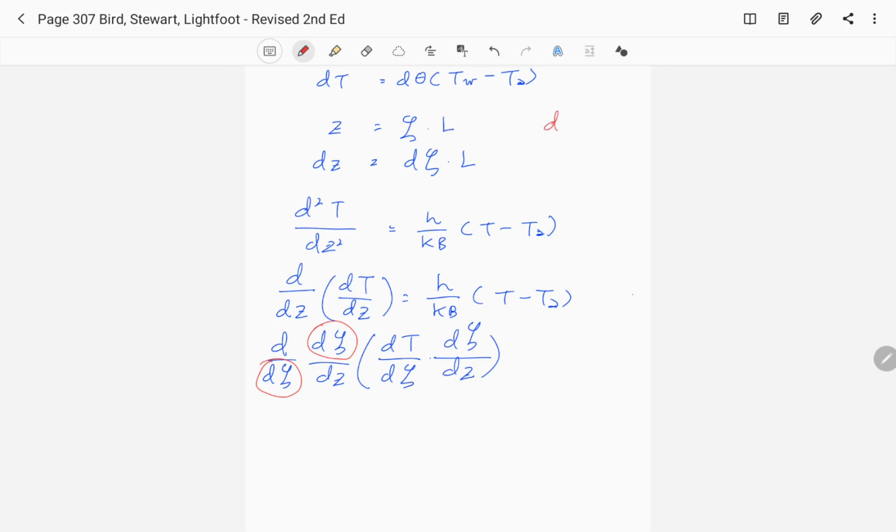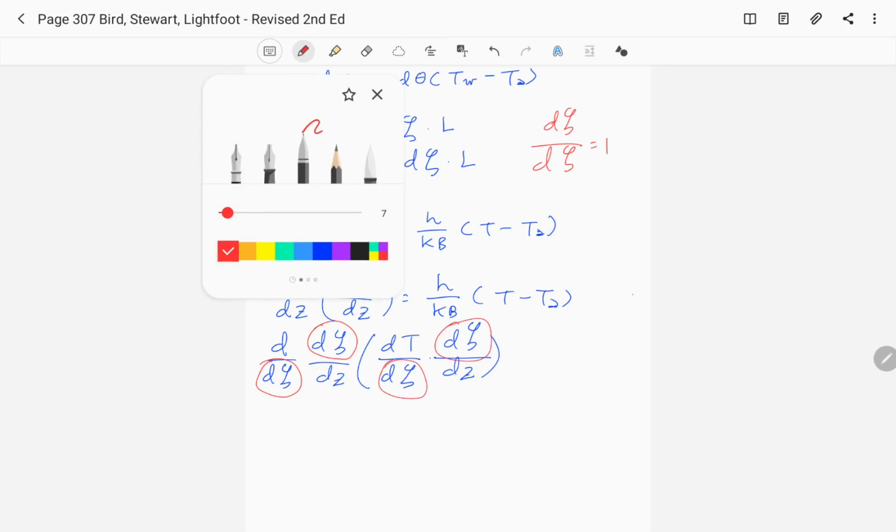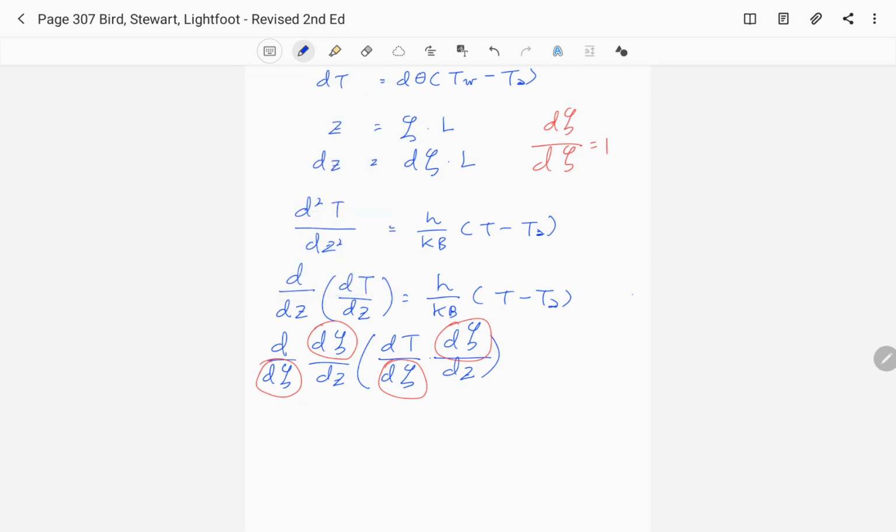Okay, when you have this d over this d, then this equals 1, and also the same here as well. So we basically just play with the chain rule to find the needed variables to be inserted there, to express everything in terms of the dimensionless variables.